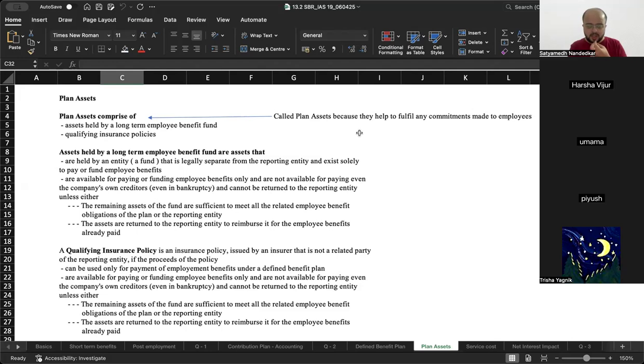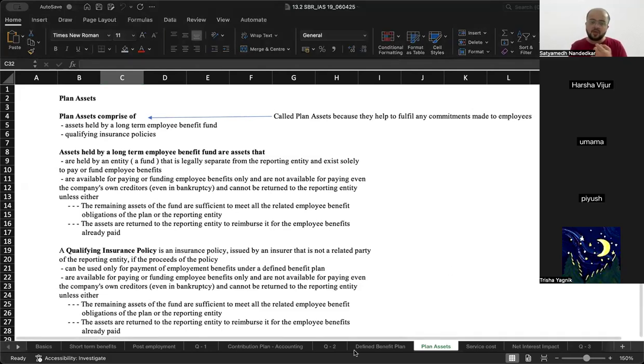These insurance policies are taken so that tomorrow, if the company does not have enough money to pay when the payment of obligation is due, how do you tackle the situation? You will have an insurance policy, and that insurance policy can then be claimed and you can make payment to these individual employees.